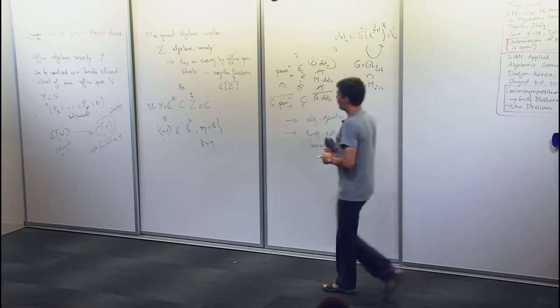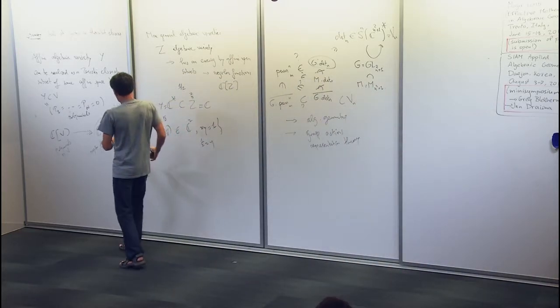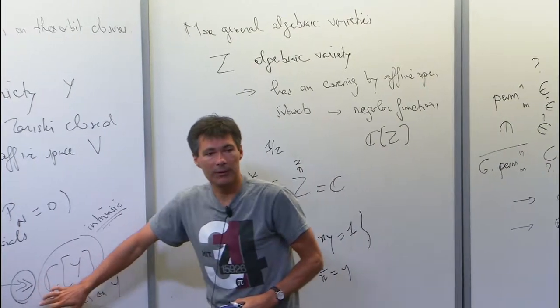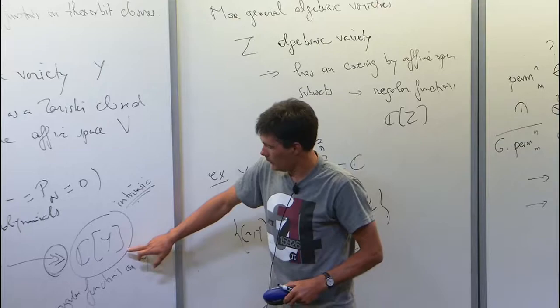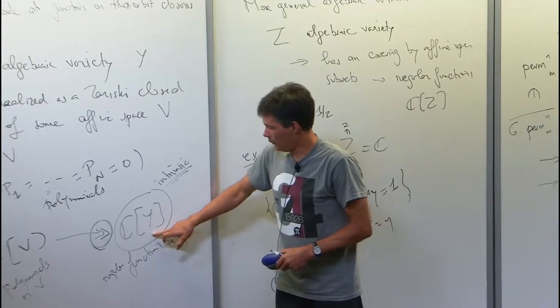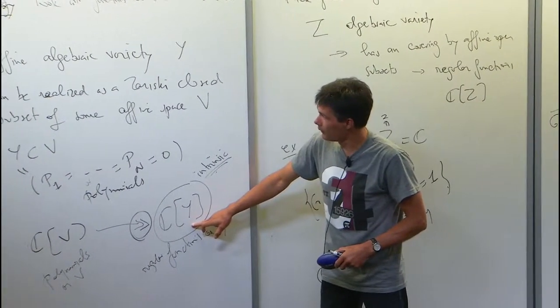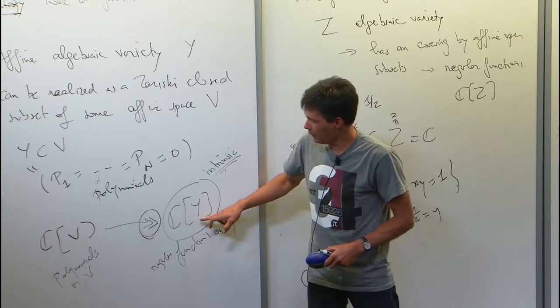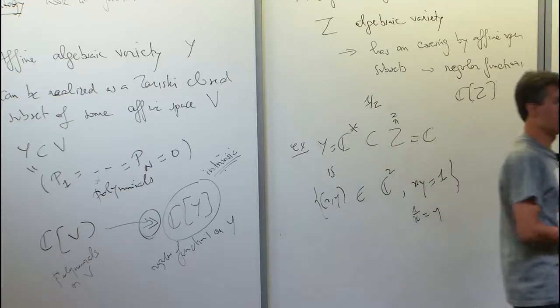So now what you can remark is that you can use this surjectivity property, if we know that on a closed subset of V, every regular function is the restriction of a polynomial.